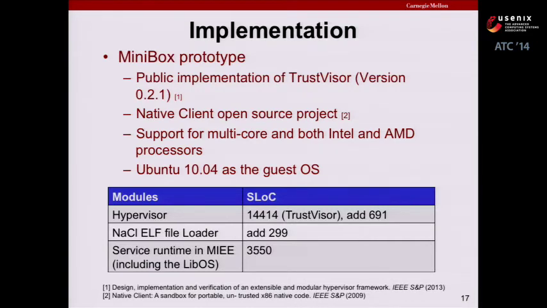In the original TrustVisor, there are about 14,000 lines of code. We add about 700 lines of code to TrustVisor to support the two-way protection. And we are using the Google Native Client ELF file loader to load the applications into the isolated environment. We added about 300 lines of code to conduct the isolated environment registration or unregistration work.